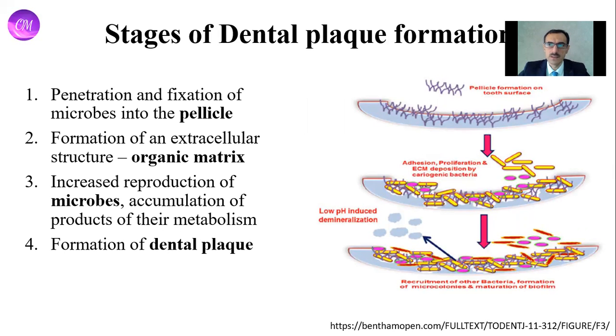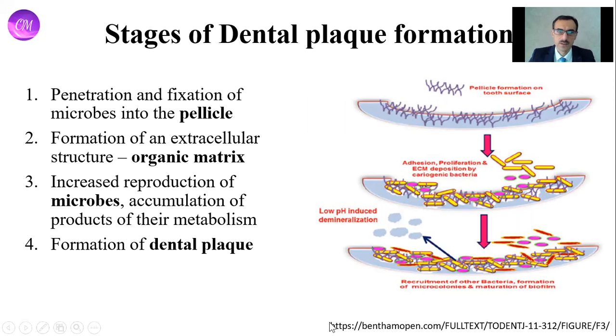So there are 4 stages in formation of the dental plaque. First, the penetration and fixation of microbes into the pellicle. Second, the formation of the extracellular organic matrix. Then the increase in reproduction of microorganisms and accumulation of products of their metabolism, and finally the formation of the dental plaque.